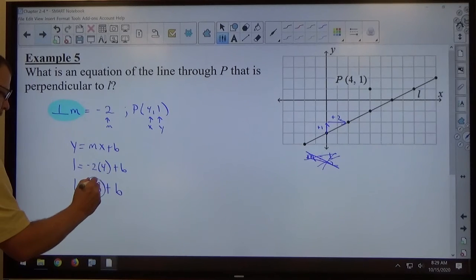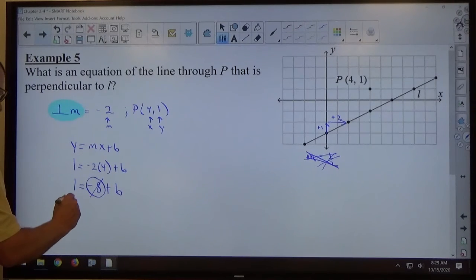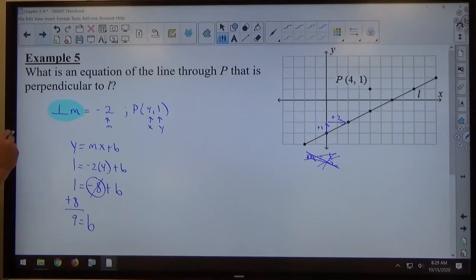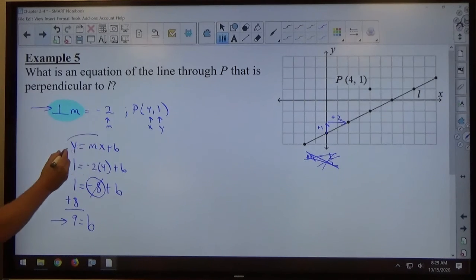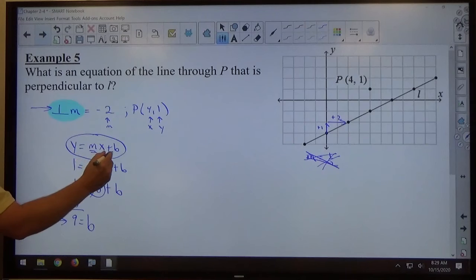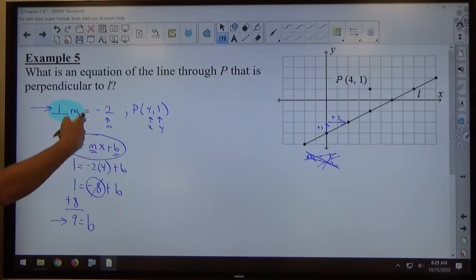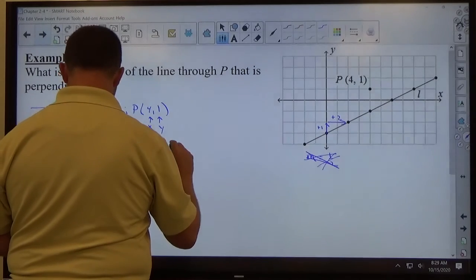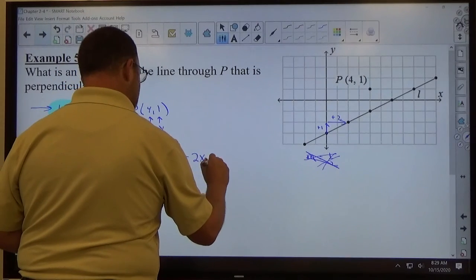A negative number is going to chop off this side, become a positive number, so we're going to get 9 equals B. And now the slope that we're using is -2. The y-intercept is +9. And again, this is my structure, my answer. I want to replace these two values with the M and B that I found. So my answer is going to be y equals -2x plus 9.